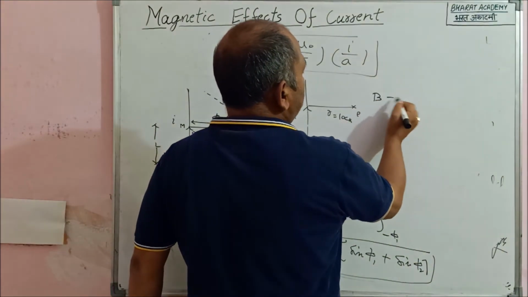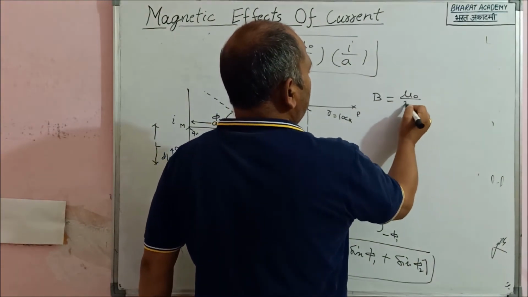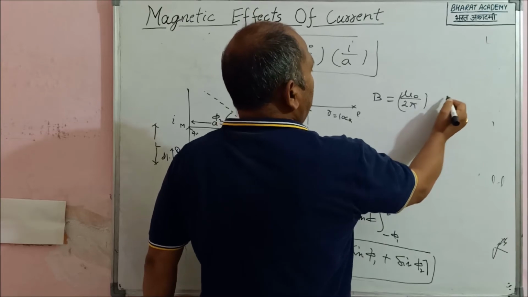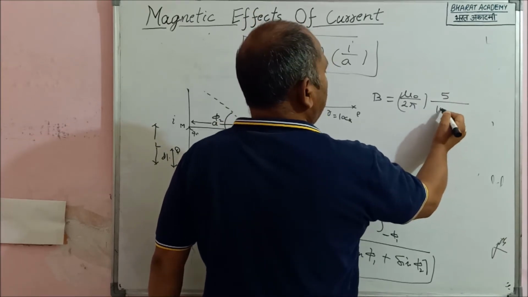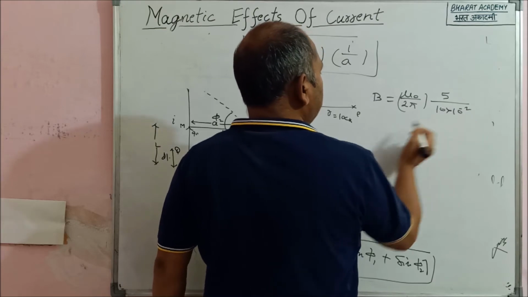B equal to mu 0 by 2 pi I, I is 5 ampere, A is 10 into 10 to the power minus 2.